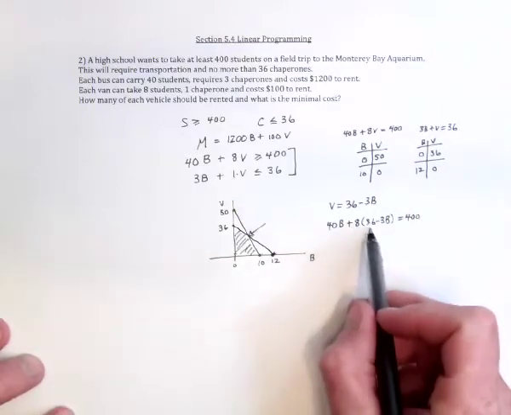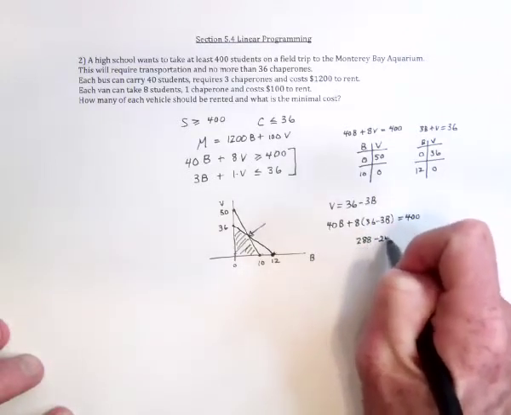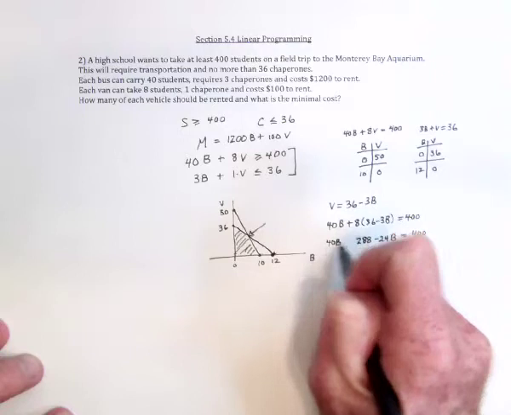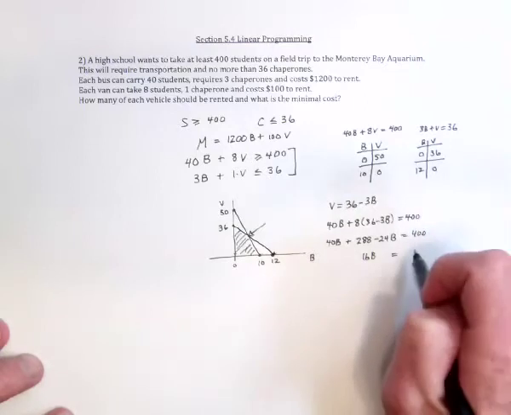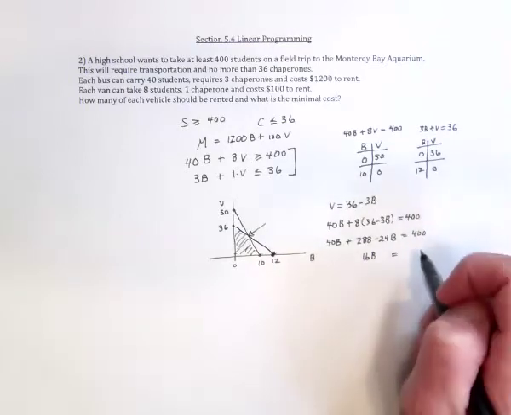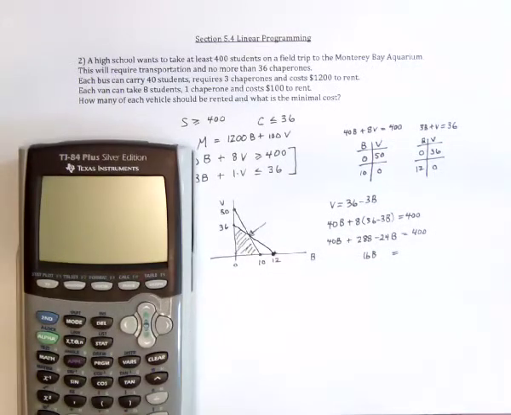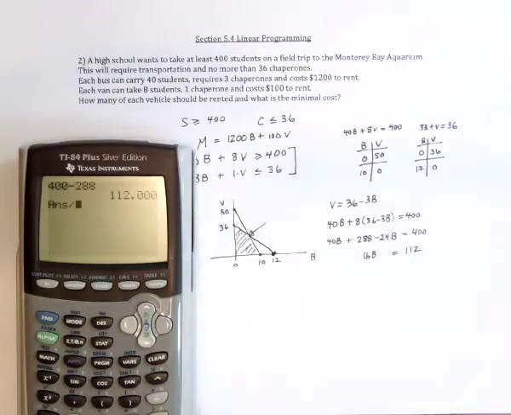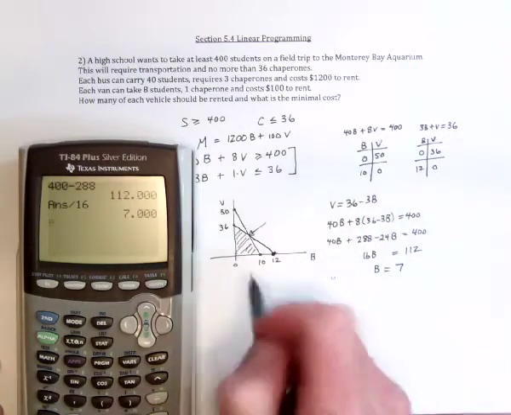Now distribute: 8 times 36 is 288, and then minus 24B, the 400 still there, and the 40B at the beginning is still there. And then it's going to be 16B equals 400 minus 288, which is 112, and then divide that by 16. So B is equal to 7.